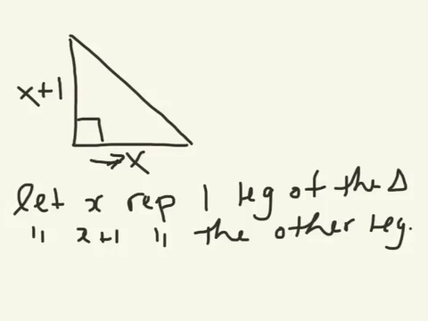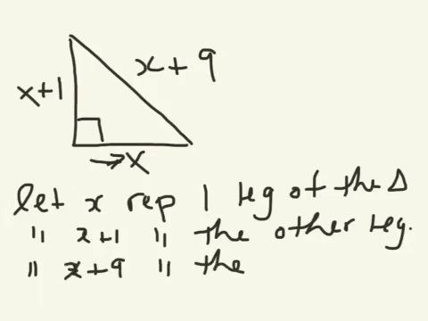So the shorter leg is which one? That's right, you said it. It is x. So that means my hypotenuse is going to be x plus 9. So we're going to write down here, let x plus 9 represent the hypotenuse.